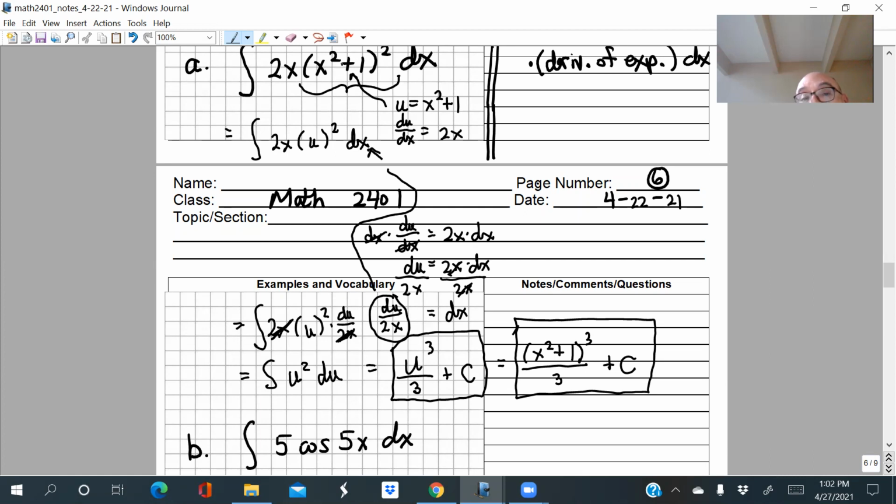This process where we made that substitution is called integration by substitution. But what it really is is the reverse of the chain rule, all right? So integration by substitution or the anti-chain rule, okay?